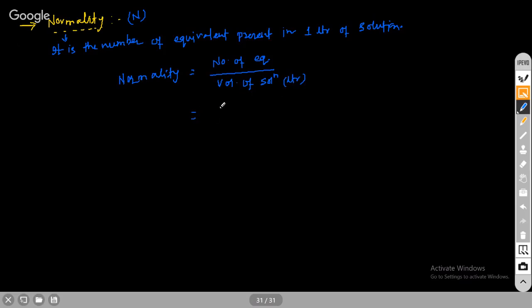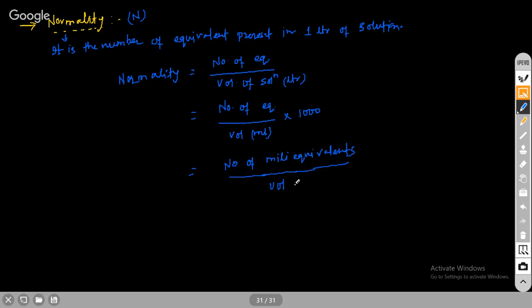Another way, I can write number of equivalents by volume of solution in milliliter, and then we have to write 1000 here. Now, this number of equivalents into 1000 is nothing but the number of milli equivalents, divided by volume of solution in ml.